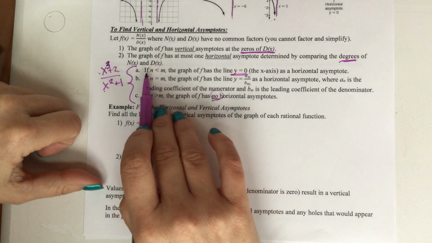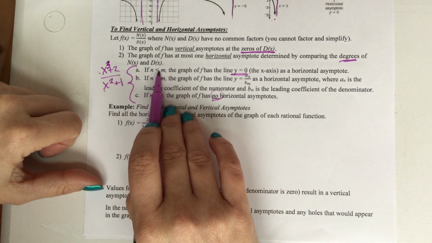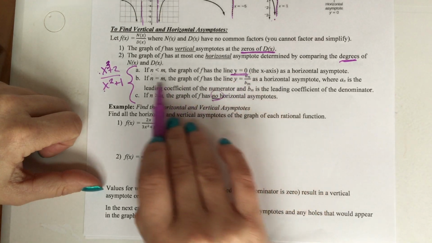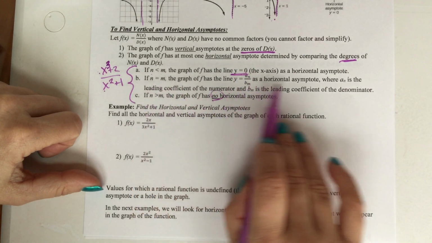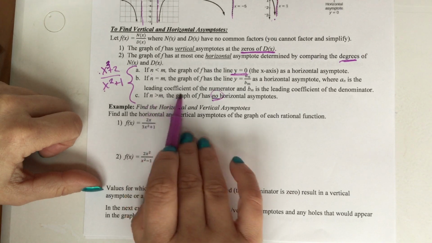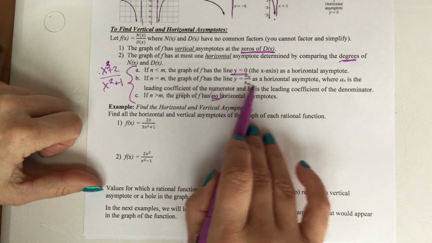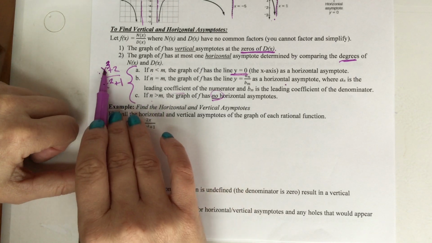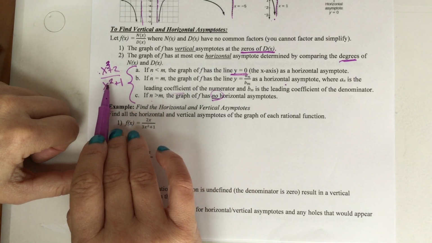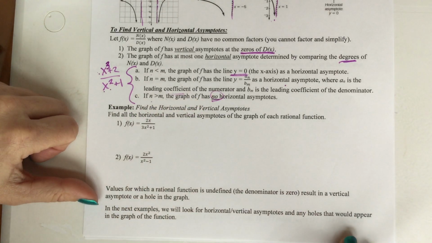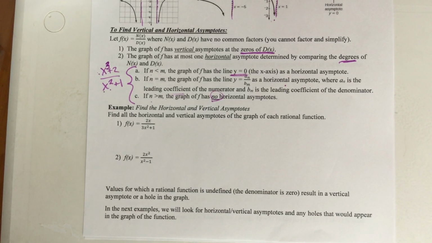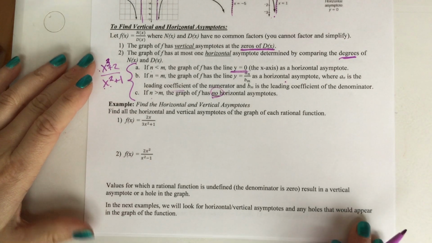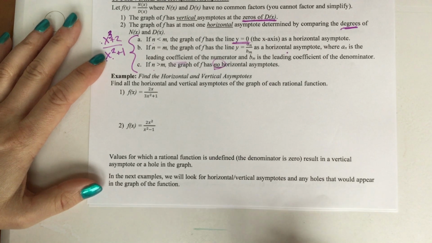So again, if the top is smaller than the bottom, y equals 0. If the degrees are the same, you divide the leading coefficients. That's going to be your horizontal asymptote. If the top degree is larger, like here, top degree is 3, bottom is 2, then you have no horizontal asymptotes. So let's take that information and try to find some horizontal and vertical asymptotes.